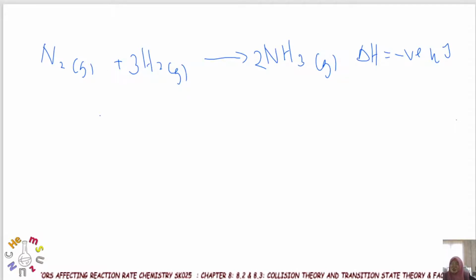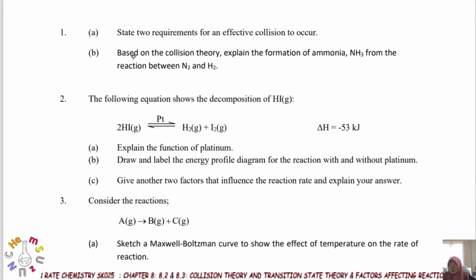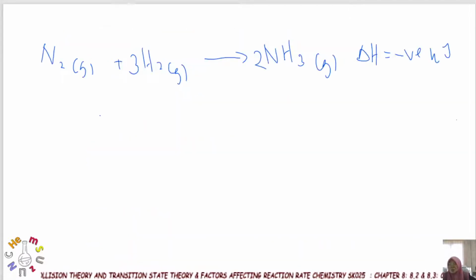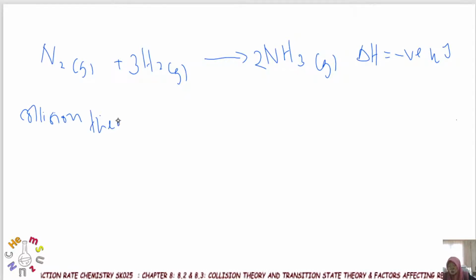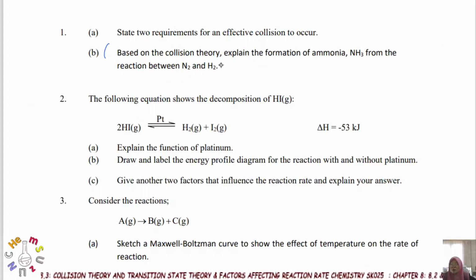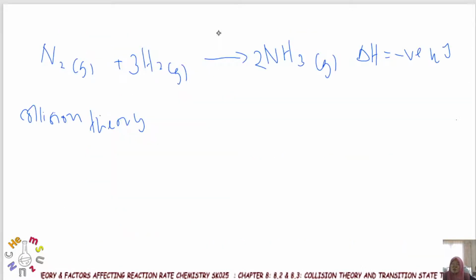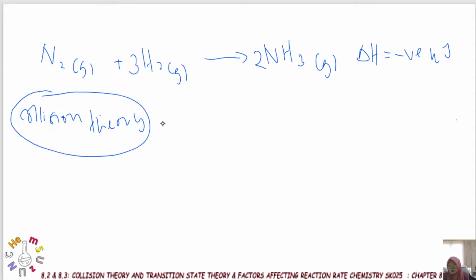Tapi dia nak dalam ni adalah based on the collision theory. Maksudnya kita kena terang dari segi collision theory. Collision theory dia nak pasal apa? Dia nak macam mana amonia tu terbentuk daripada nitrogen dengan hydrogen. Jadi collision theory. Ada berapa dalam collision theory tadi? Ada dua.